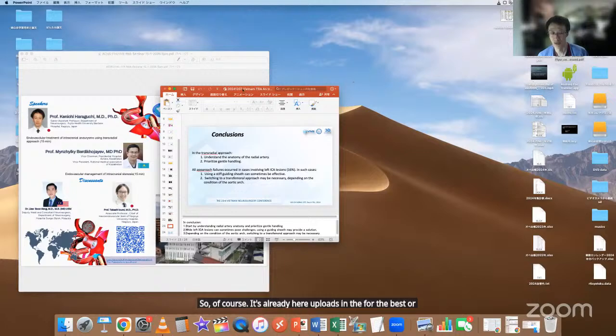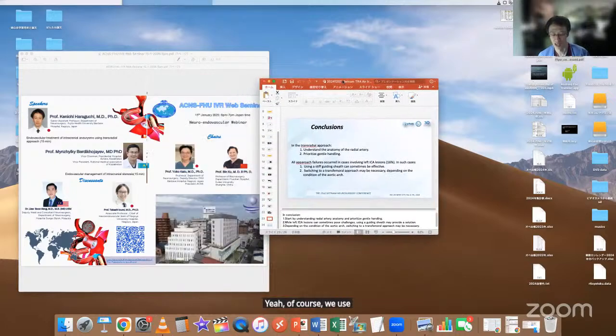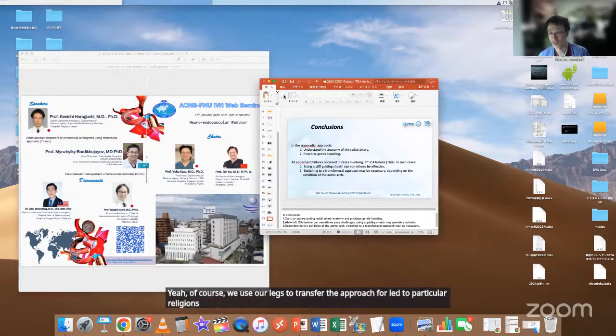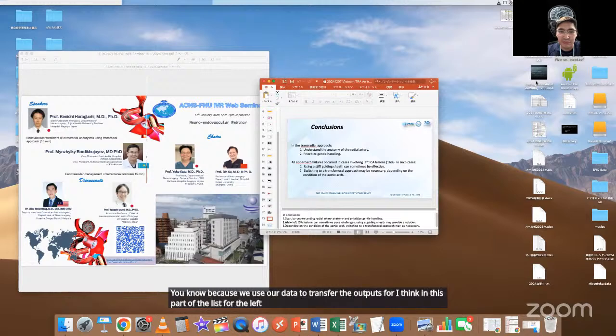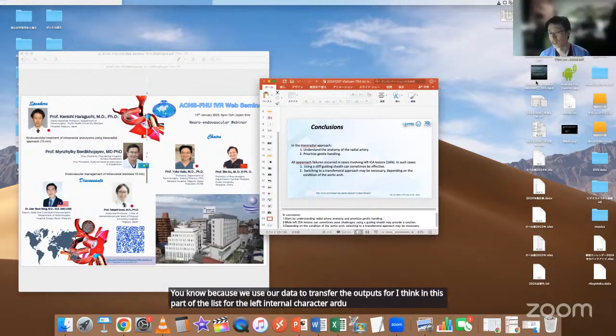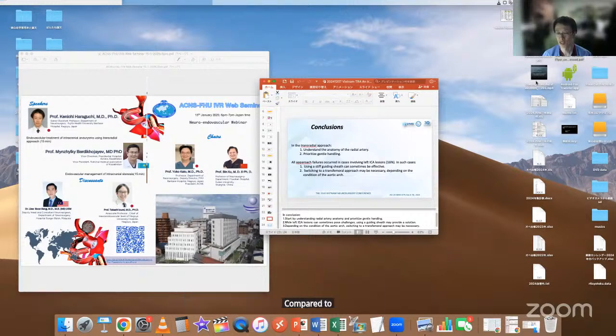Yeah, of course, we use the left transradial approach for left vertebral artery lesions, but I think it's difficult to use the left radial approach for left internal carotid artery lesions because it is a sharper angle approach compared to the right radial approach.